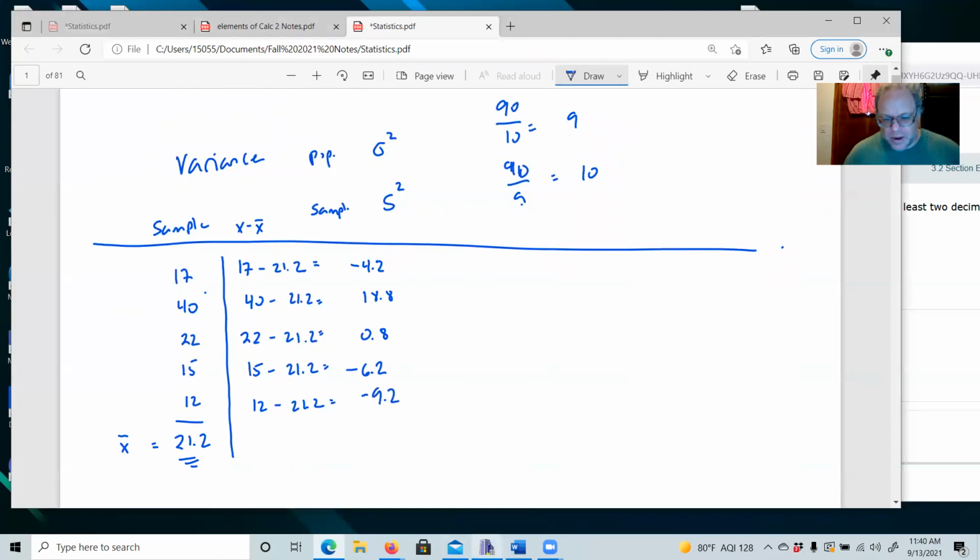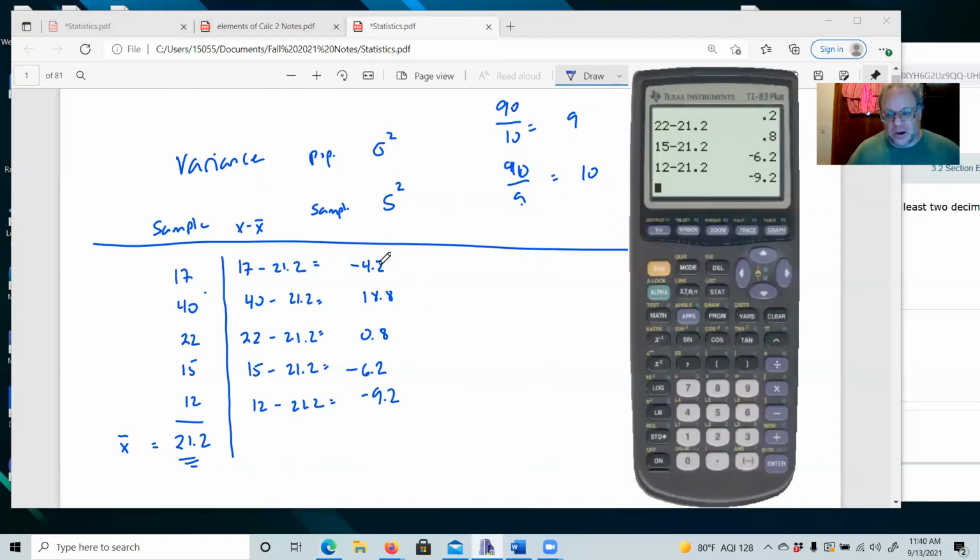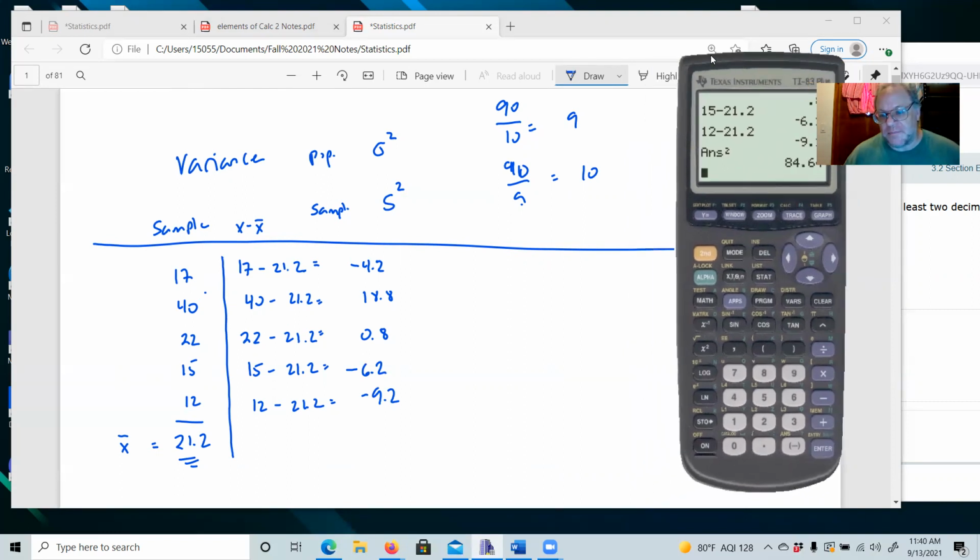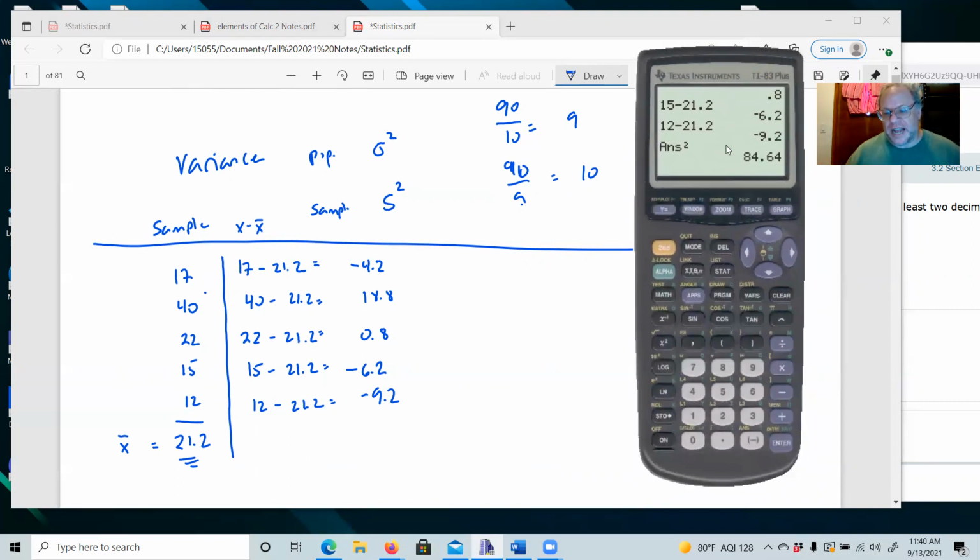Now, when we square a number, we get a positive value. Let me square the previous answer, negative 9.2. Sometimes it'll give you a negative number here. If you type in a negative number and then square it, and it tells you a negative number, you know that's not correct. It's really a positive.